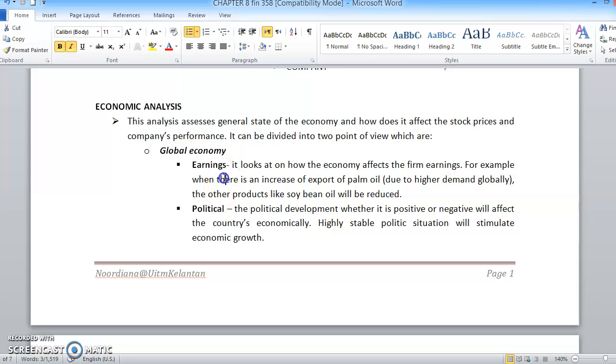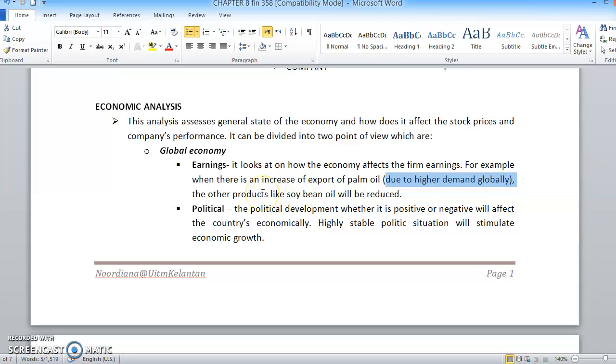Okay, so first we are going to take a look at earnings. For the earnings part, it will look at how the economy affects the firm's earnings. So for example, let's say there is an increase in export of palm oil from Malaysia, due to higher demand globally, right?